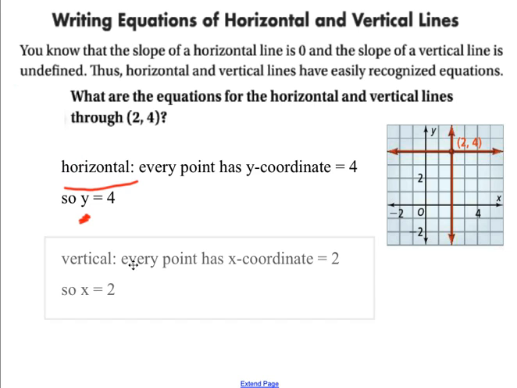For a vertical line, all of the coordinates have x coordinates equal to 2. So you can see all the x coordinates. You have 2, 0, 2, 1, 2, 2, 2, 3, 2, 4. It's always 2, so the equation of that line is just x equals 2. Now similarly, all vertical lines will have the form x equal and then whatever the number is. So all vertical lines will have x equal the number. Horizontals will be y equal to the number.